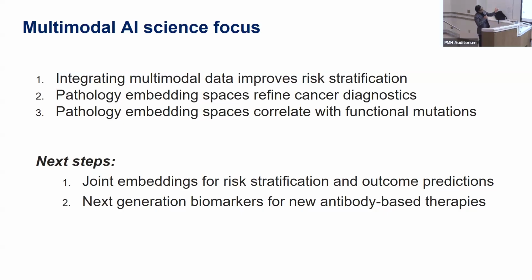Lastly, these pathology embedding spaces do correlate with functional mutations. I put up the preprint link a few slides ago. Happy to share it again. All of the details of the study are written up there.